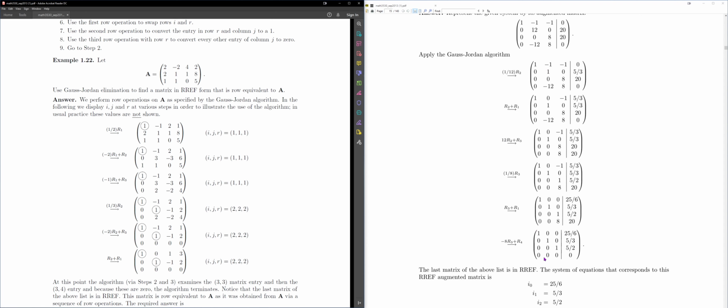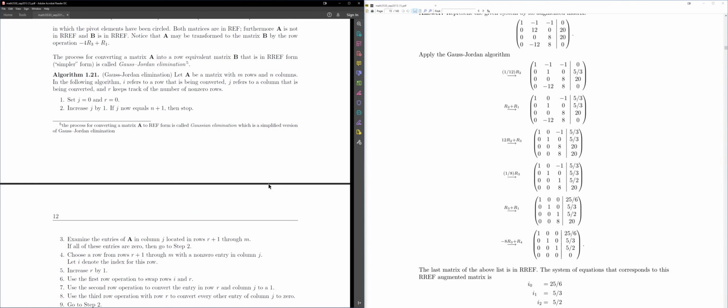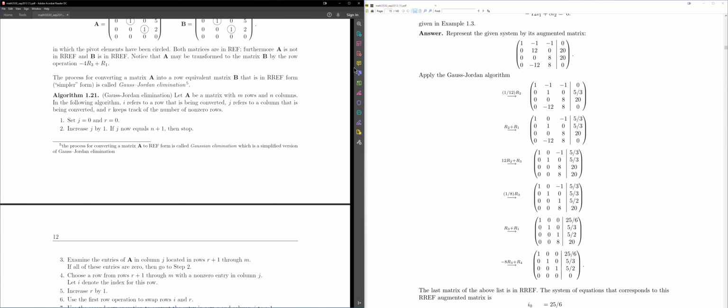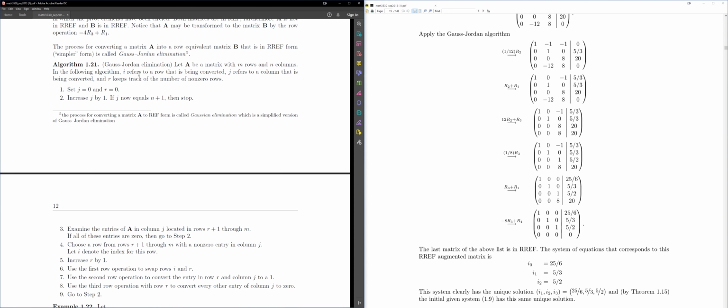Well, how do you actually get it? How you actually get it is by using row reduction or the Gauss-Jordan algorithm, which you would have seen already in 1180, but I will review it here. The process for converting a matrix, such as this one, into some matrix B that is RREF, which is, for example, this over here, is called Gauss-Jordan elimination.